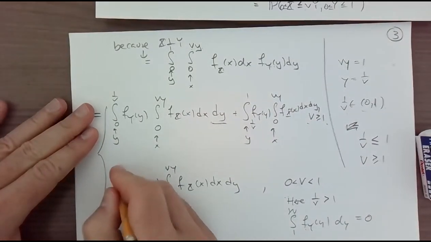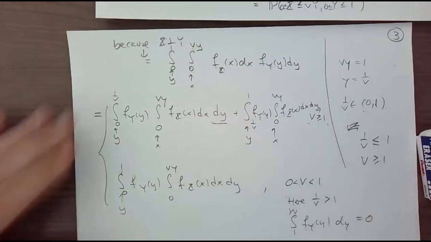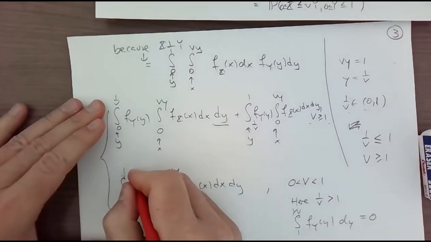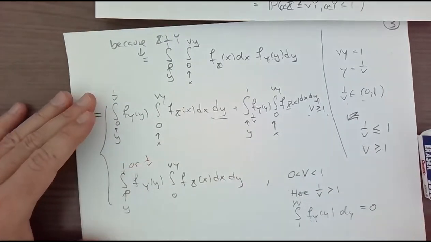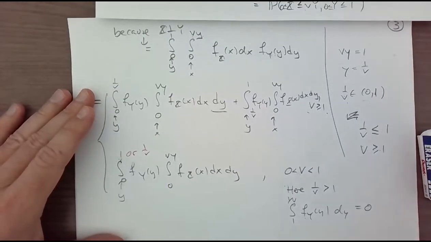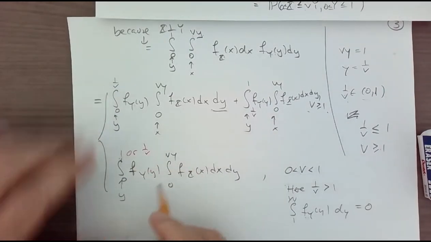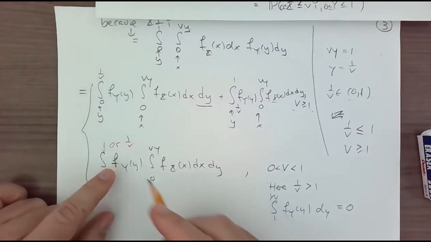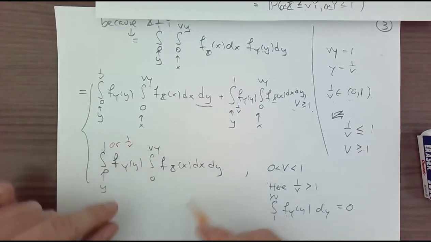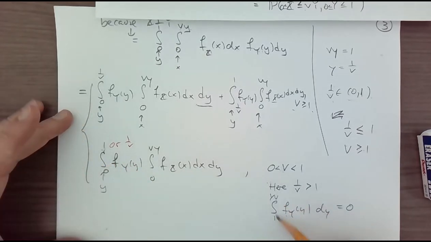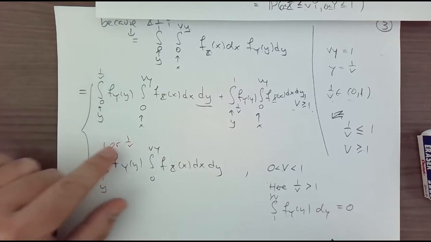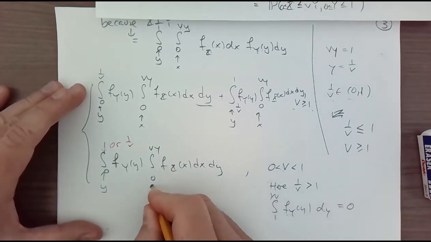Okay, so here you can write 1, or you can write 1 over v, it doesn't matter. Because the integrand, this is the benefit of keeping the densities in here. The densities drop to 0 on that last part. So you can write 1 here or 1 over v.